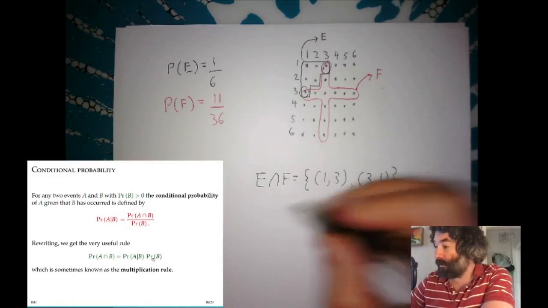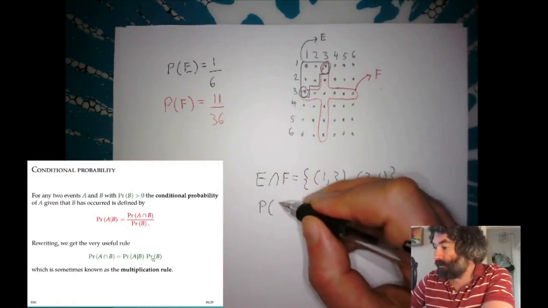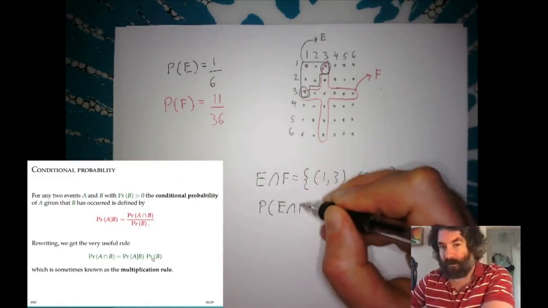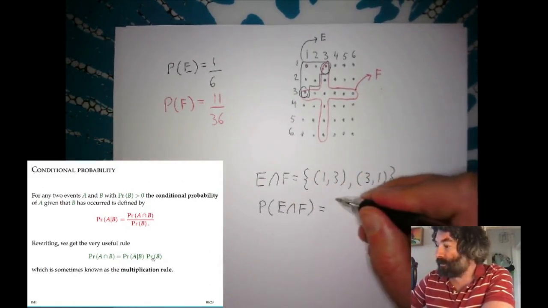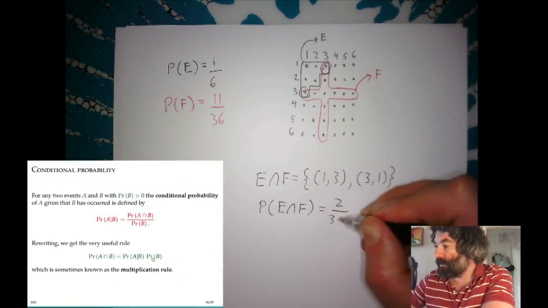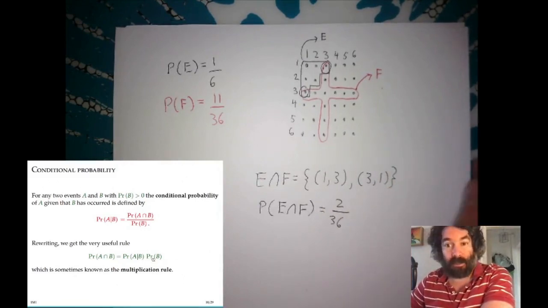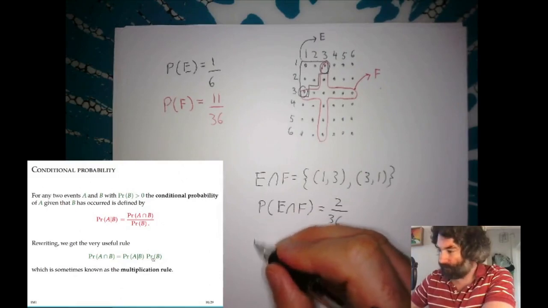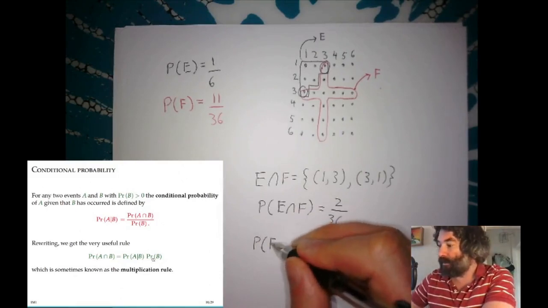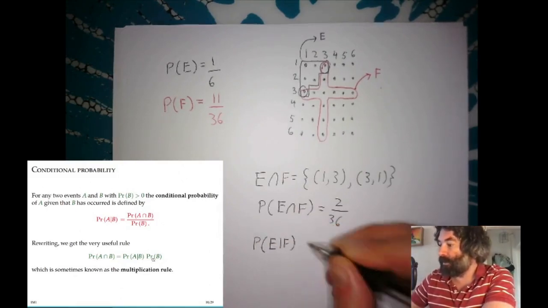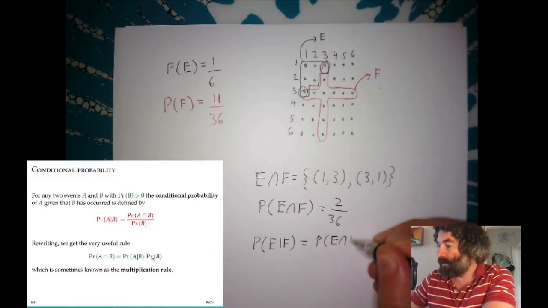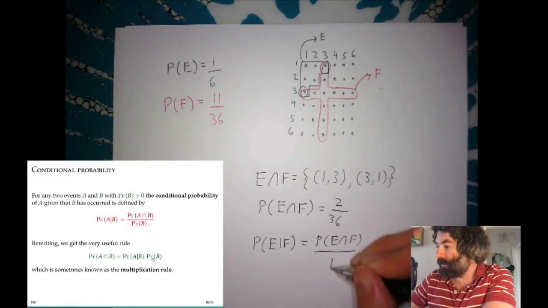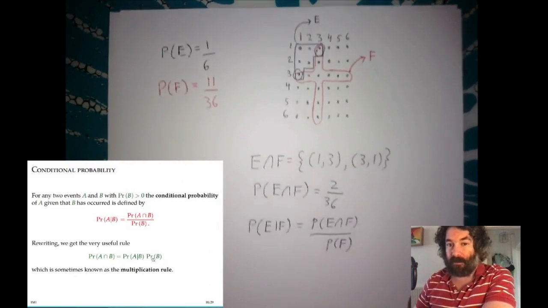Okay, and so the probability of E and F is 2, because there's 2 outcomes in this event, divided by 36. And so the conditional probability of E given that F has occurred is the probability of E and F divided by the probability of F. And the probability of E and F was 2/36.